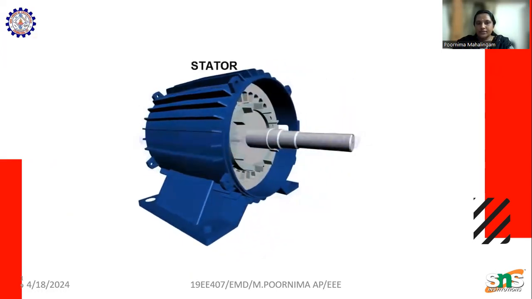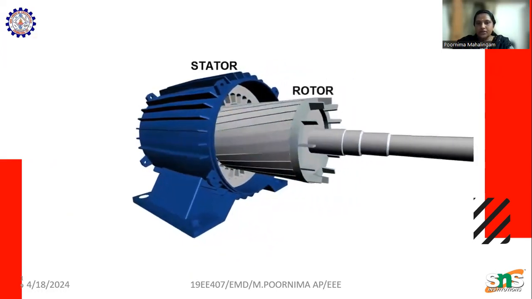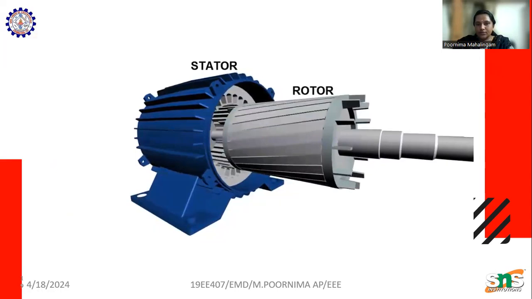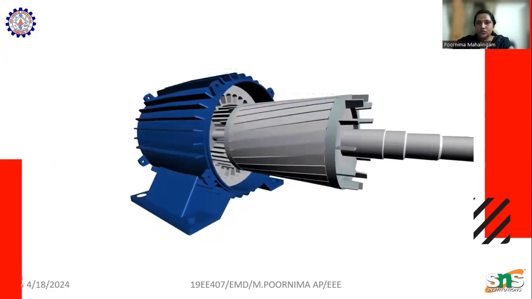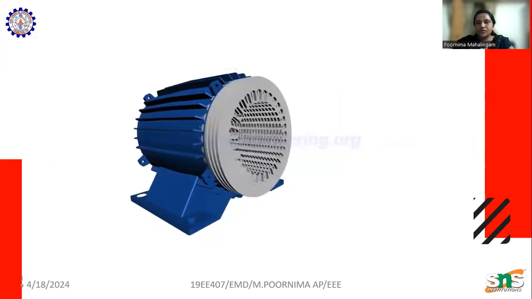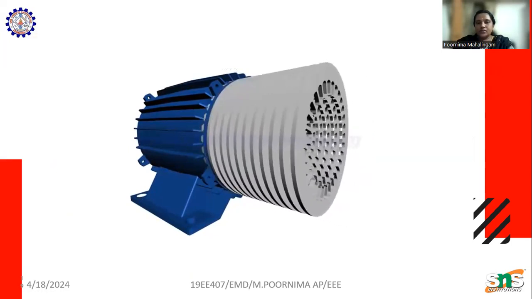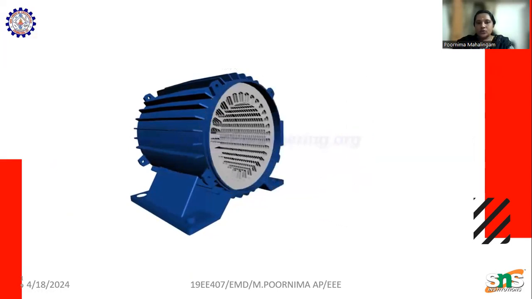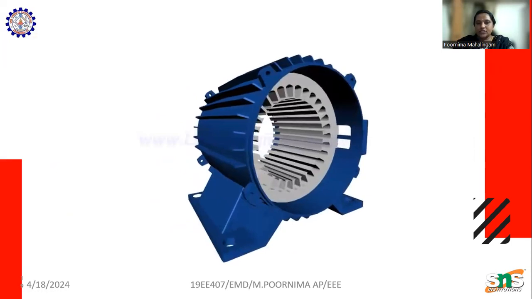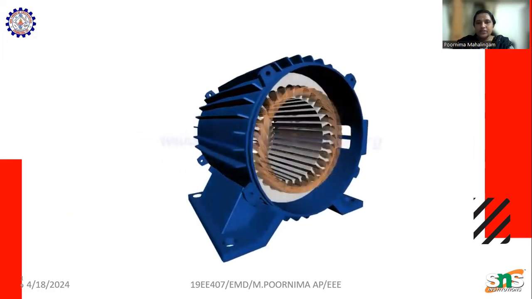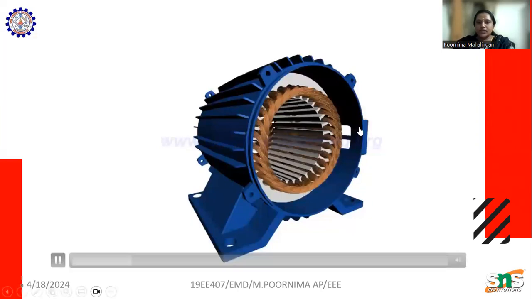We have the stator, which is the stationary part, and the rotor is the rotating part. The rotor here is a squirrel cage rotor. It is steel laminated. Here we can see the winding passes through, and the magnetic flux is produced. A magnetic field is produced.